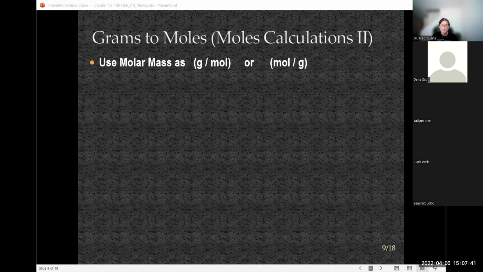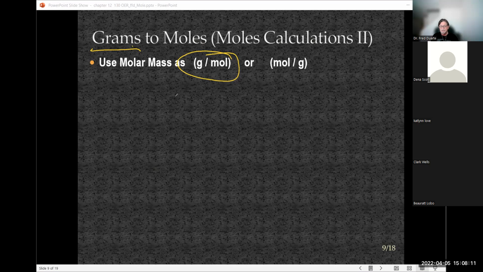So even though we use moles in our calculations, we need to convert moles into something that's weighable, and that's grams. So we have to learn how to go from grams to moles and moles to grams, okay? Because the molar mass of any compound has the units of grams per mole, just like the atomic weight has the units of grams per mole.